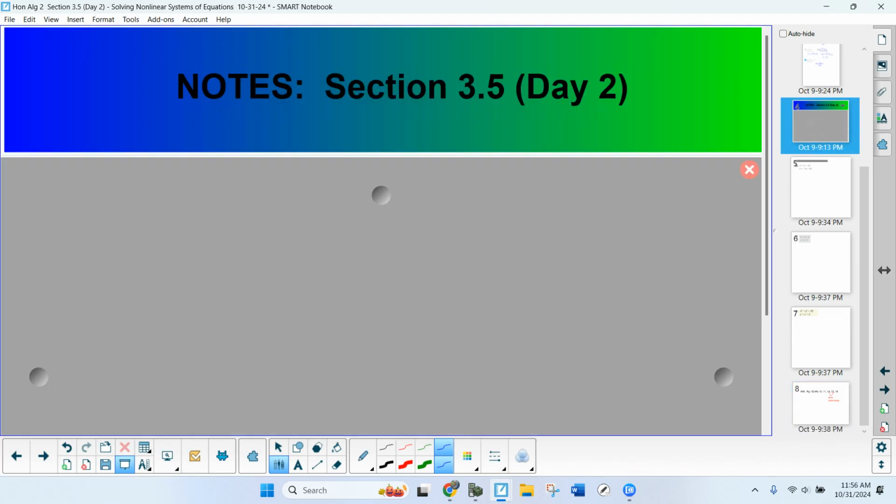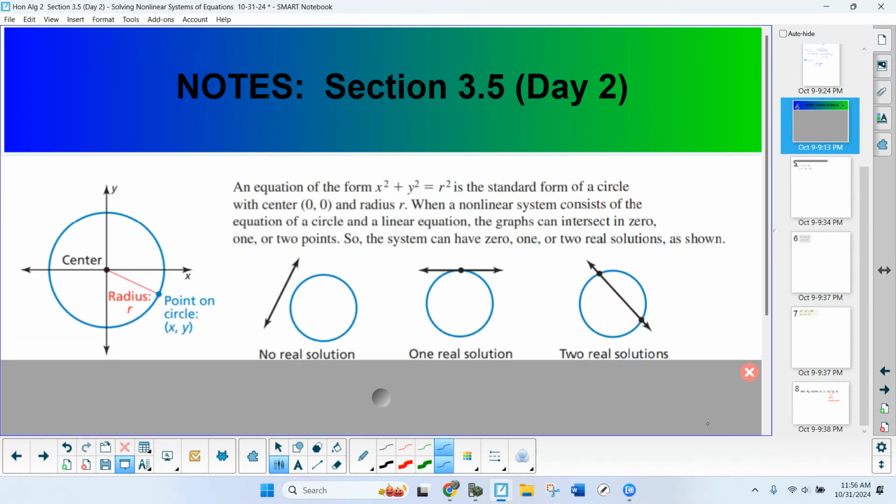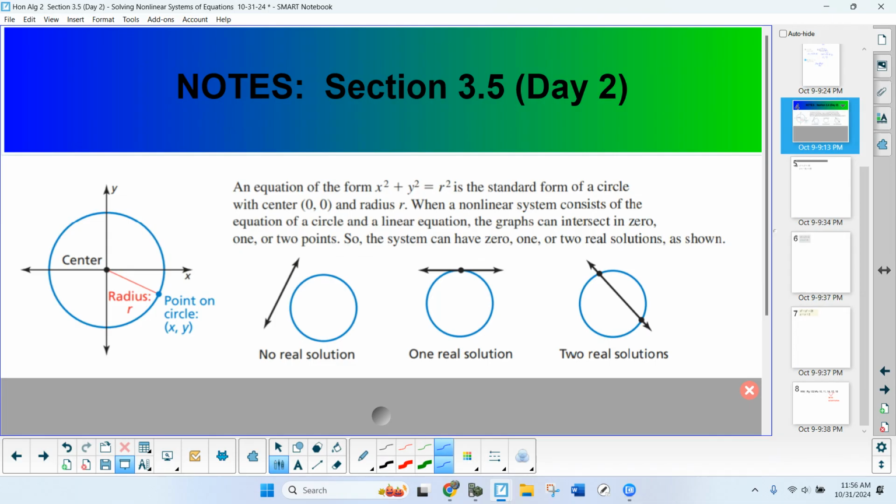So let's talk about some of these again. If we have a circle with a linear function, remember the equation of a circle, which you did learn last year in geometry. It's x squared plus y squared equals r squared, where r is the radius of your circle, with the center at 0, 0.